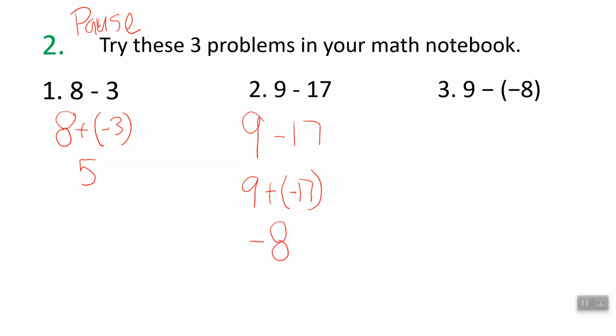All right, number 3, 9 minus a negative 8. So 9 minus negative 8 can also be written as 9 plus 8. And we get 17.